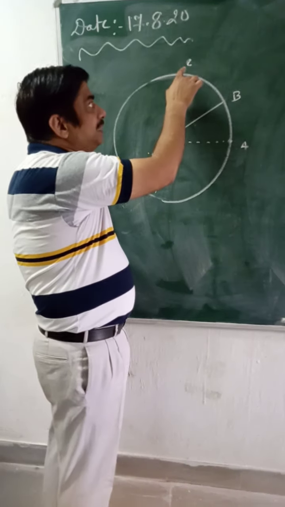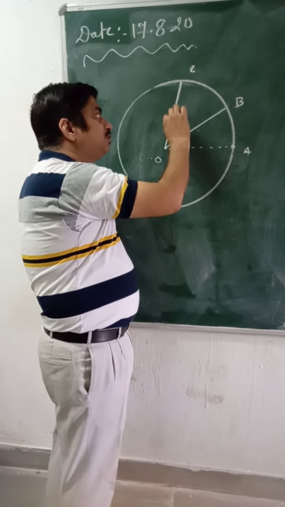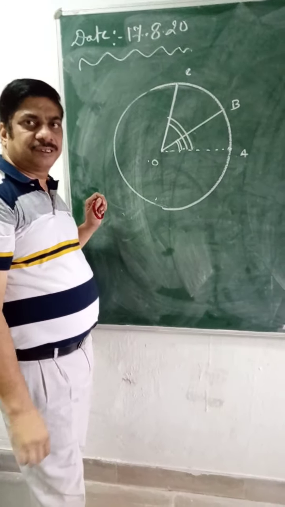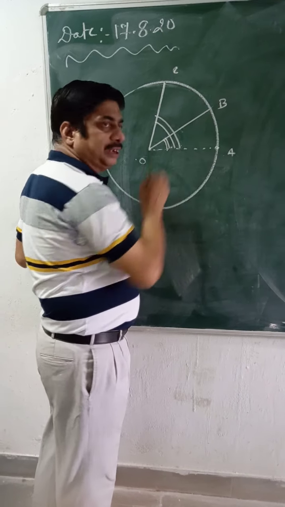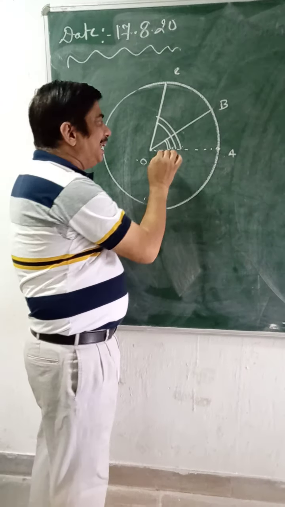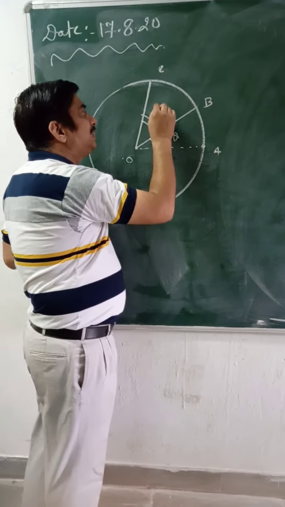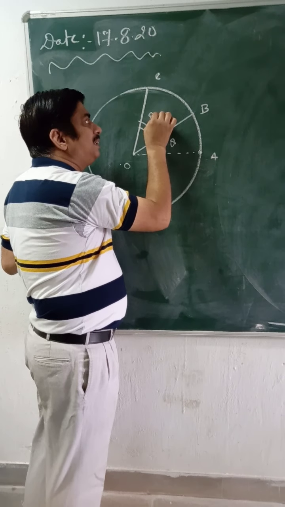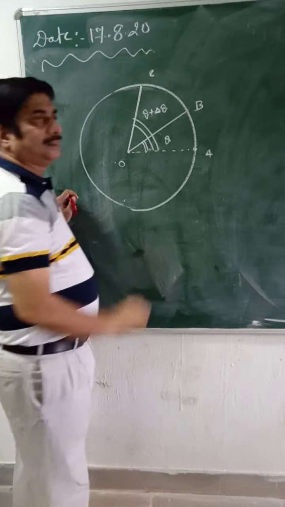When the object reaches point C, what is going to change with respect to time? This angle is going to change. When the object is at point B, the angle is theta, and when the object is at point C, the angle subtended is theta plus delta theta.